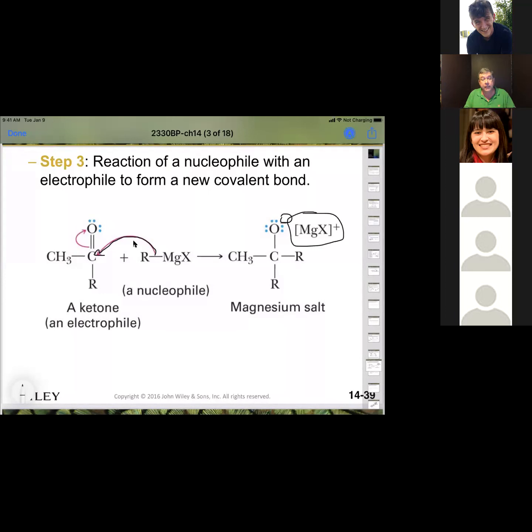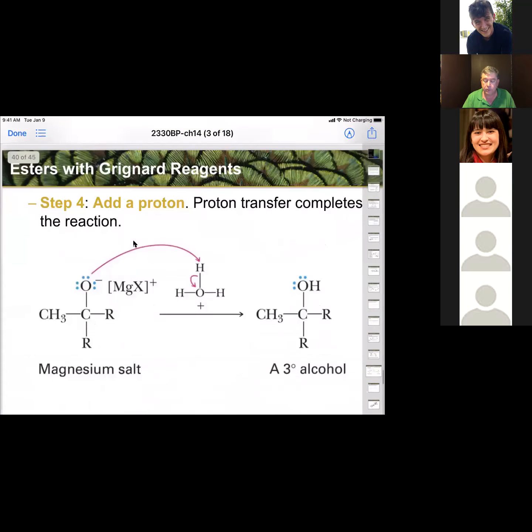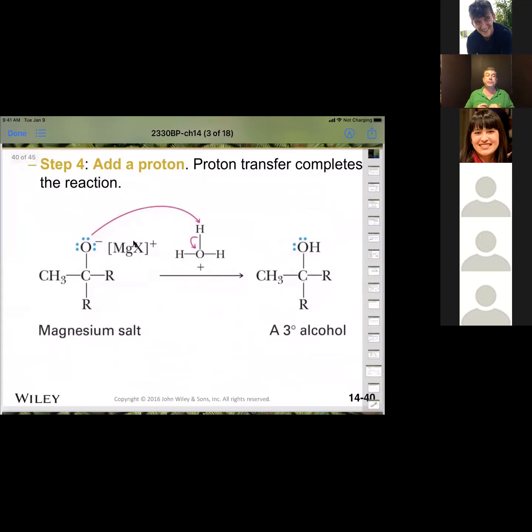That's why we have addition products with aldehydes and ketones, because the hydride and the carbanion are bad leaving groups. But we can have substitution products on the other carboxylic acid derivatives where we're losing chloride, acetate, alcohol, etc. And then, of course, when we protonate that, it turns into our neutral alcohol.